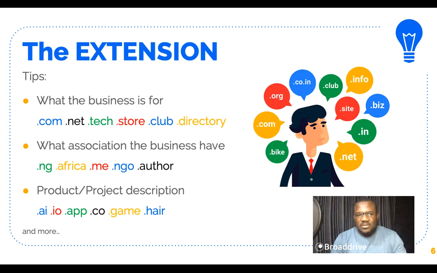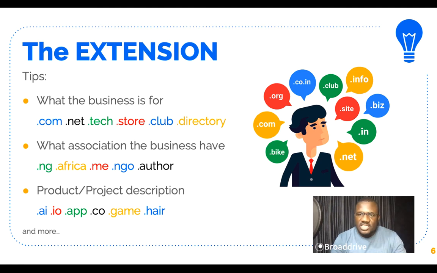Now, there are different types of extension, and tips to choosing the extensions you want. Understand what the business is for. .com just means it's a commercial business. .net means it's a network business. .tech means it's a tech business. .store is a store business. .club, a club, like a social club, and so on. A directory for .directory.